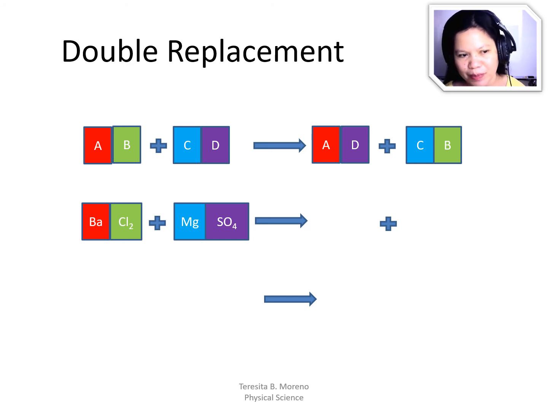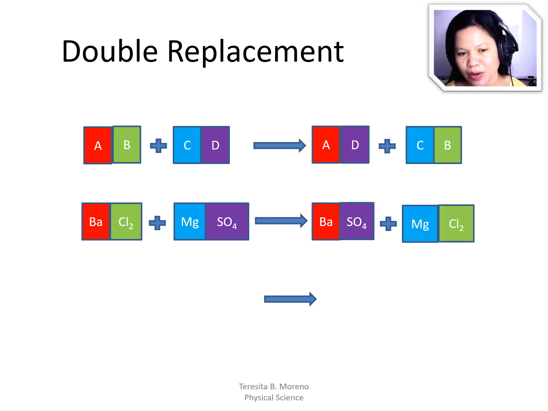What do you think will pair? Given the equation above? Okay, very good. That's barium sulfate. Barium sulfate plus the other compound is magnesium chloride.